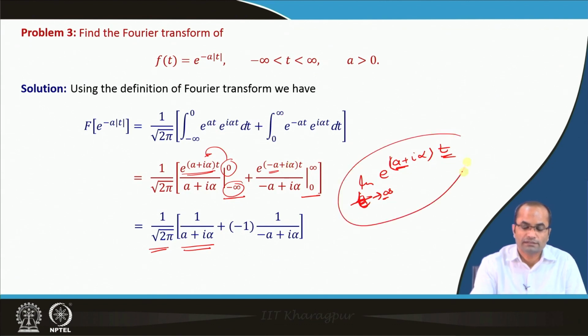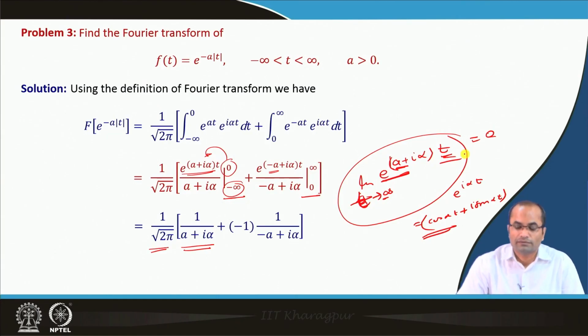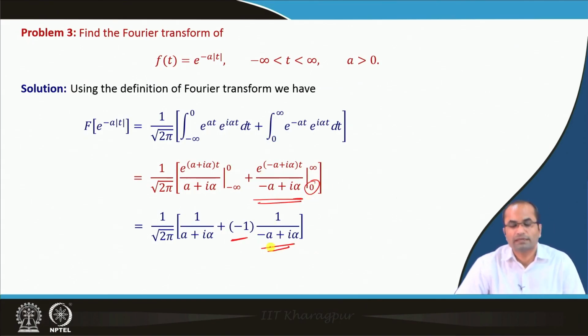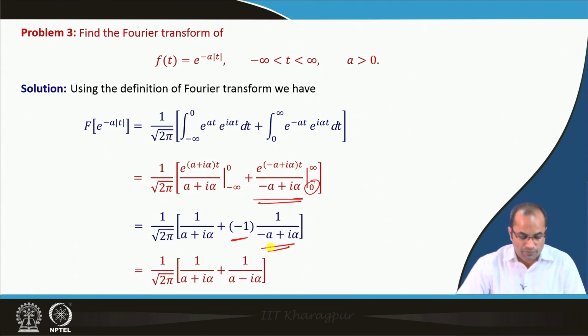So, in both cases this quantity will go to 0, because e^(i alpha t) we can write as cos alpha t + i sin alpha t, which is a finite number, and then we have e^(a t), so this will be 0. Then, at 0, this will survive with the negative sign, because this is the lower limit, and then we have 1 over (-a + i alpha).